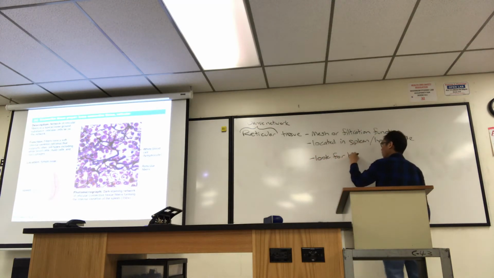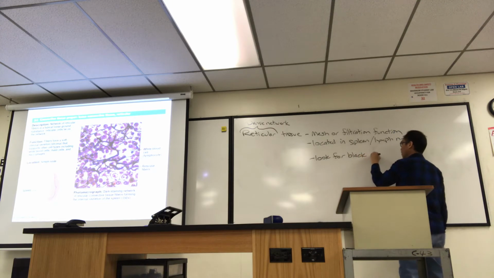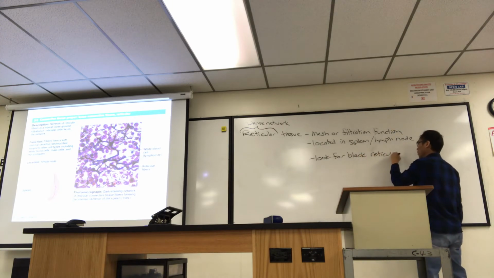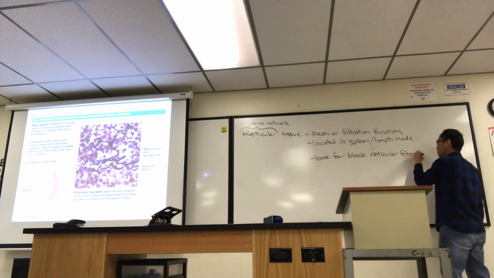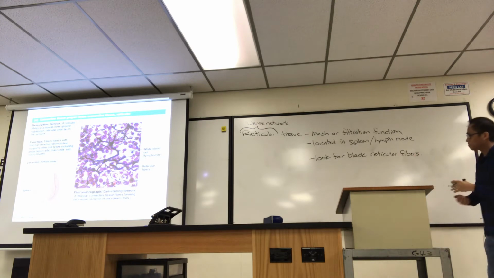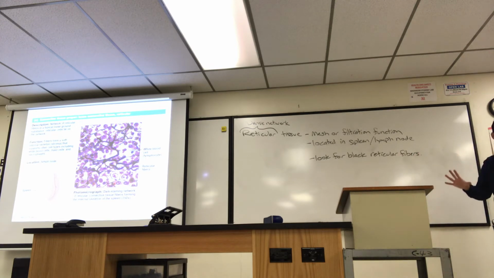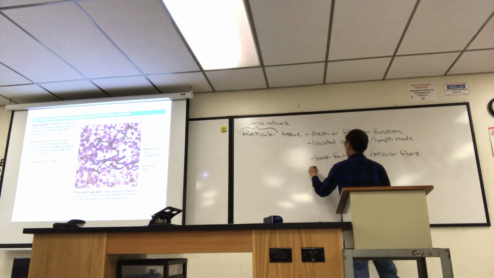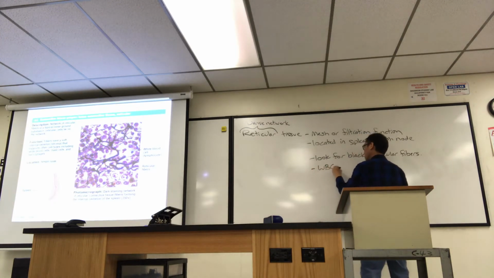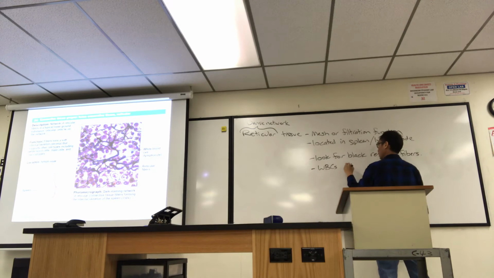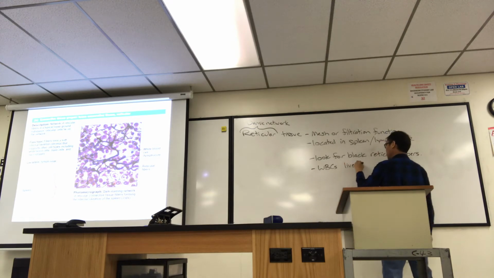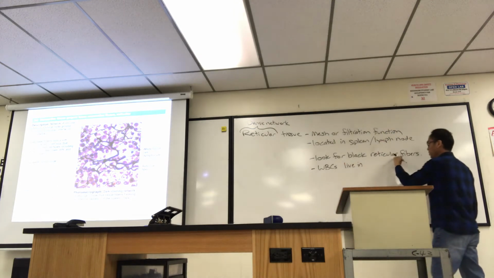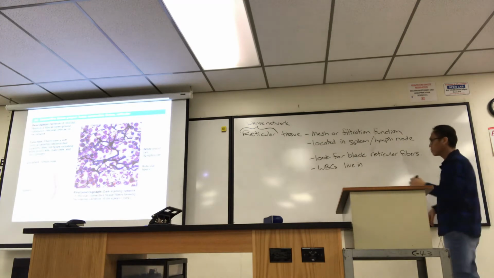Look for black stained reticular fibers. And within those fibers, you have all of the white blood cells, the lymphocytes that fight infection. So I'll say WBCs. They live in this reticular fiber net.